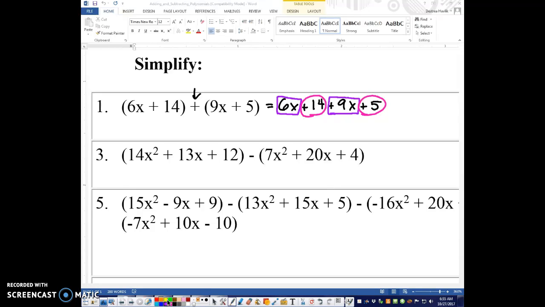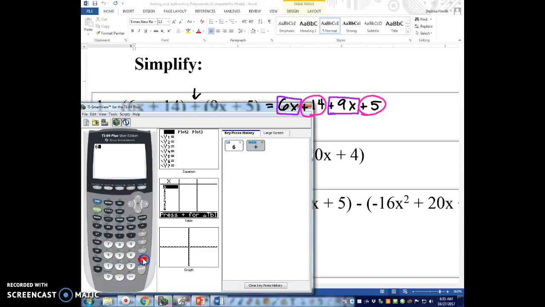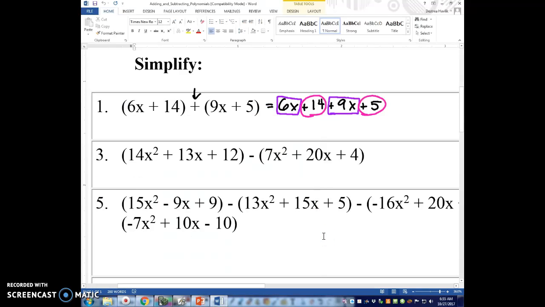So now we look at it. 6x plus 9x is what? If you have to type it in to be sure you don't do your math wrong. 6 plus 9 is 15. So 6x plus 9x is 15x. Okay?